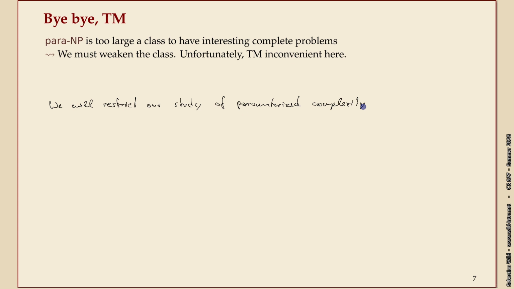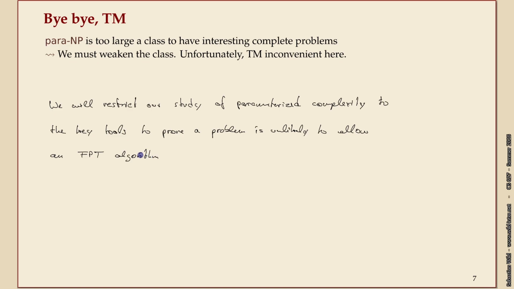We'll look at parameterized complexity classes, the key tools to prove that a problem is unlikely to allow an FPT algorithm.